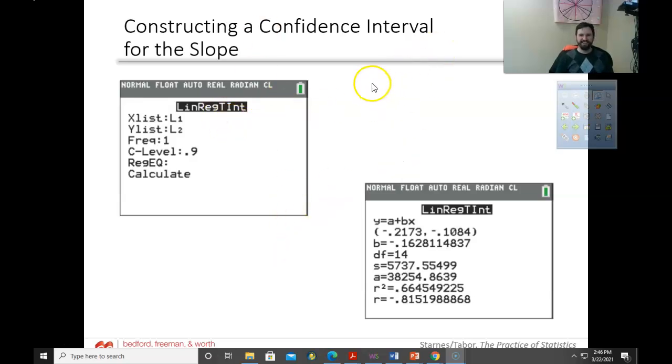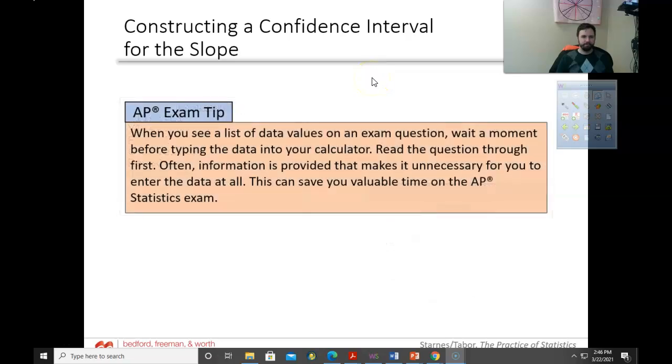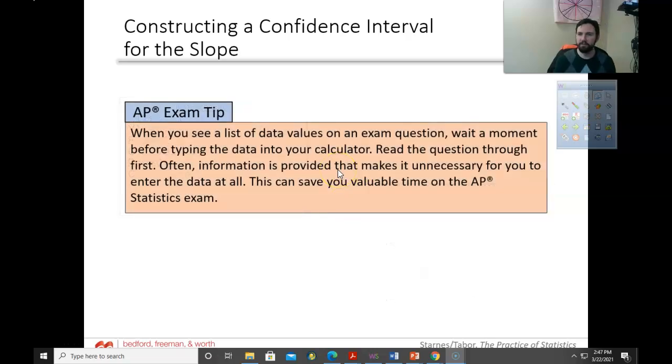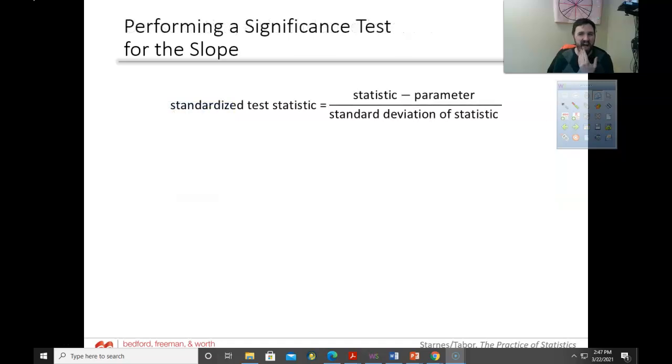You have to plug in your statistics, though. Make sure you read it and see what's actually going on. Most of the time they give you the numbers, and then you have to figure out what those numbers mean. Very infrequently do you have to do this out longhand. I've never seen it.